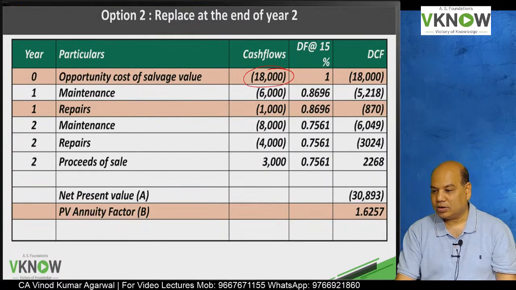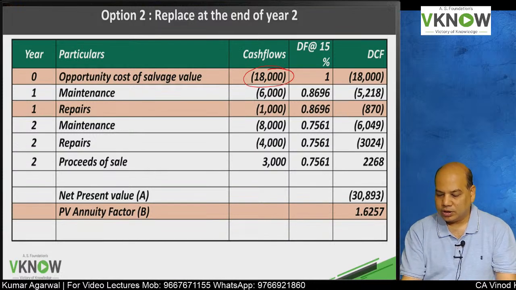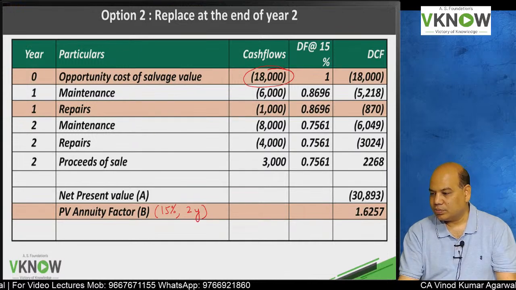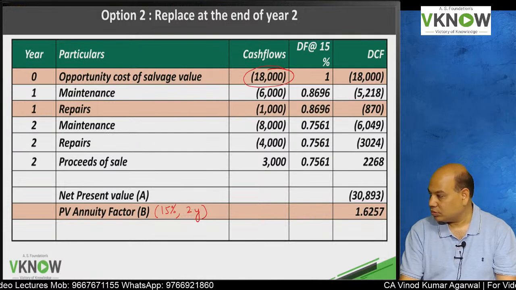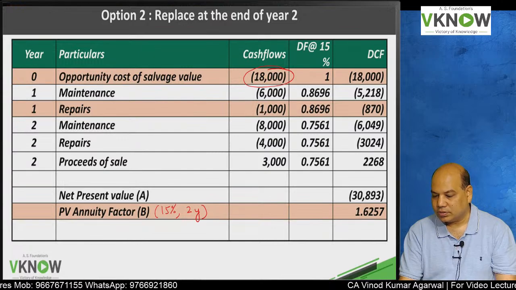PV annuity factor for 2 years at 15%. Check 1.6257.